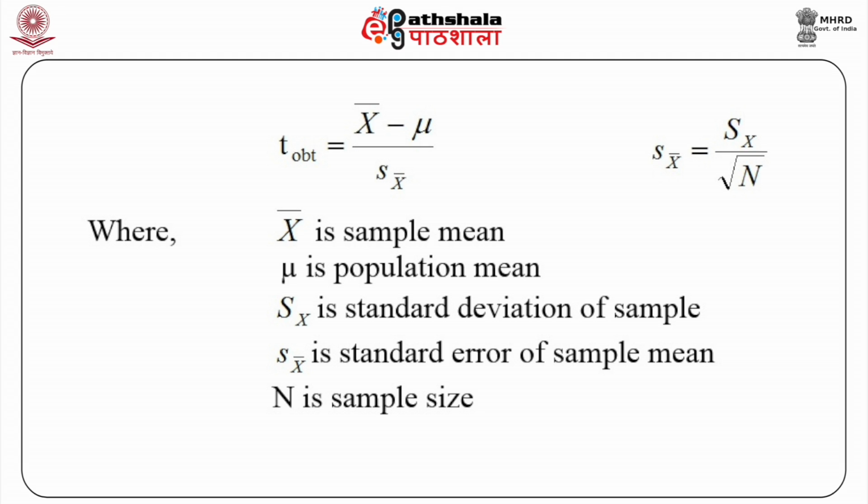Statistically, the formula for calculating the t-test is represented as t obtained is equal to x bar minus mu upon Sx bar, and Sx bar is equal to standard deviation or capital S of x upon square root of n, where x bar of course is the sample mean, mu is the population mean, S of x is the standard deviation of sample, Sx bar is the standard error of sample mean, and n is the sample size.